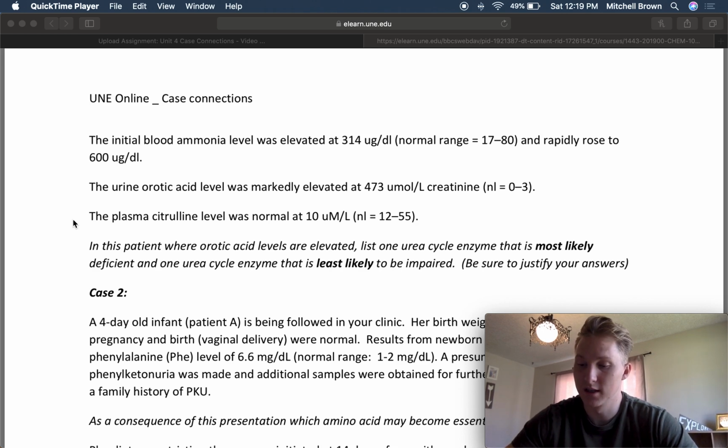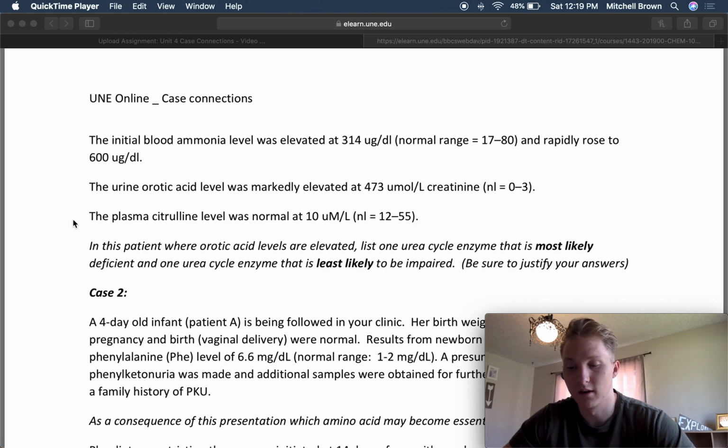So I looked into this, and the 2 enzymes that I found were carbamyl phosphate synthetase 1 and ornithine carbamyl transferase. Looking at these 2 enzymes, if uric acid levels are elevated, this suggests an elevated level of carbamyl phosphate.